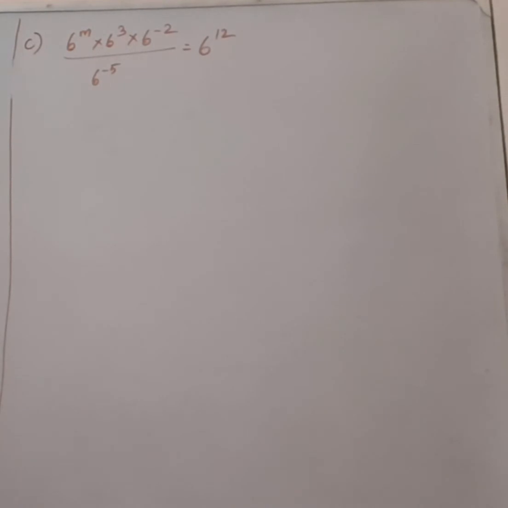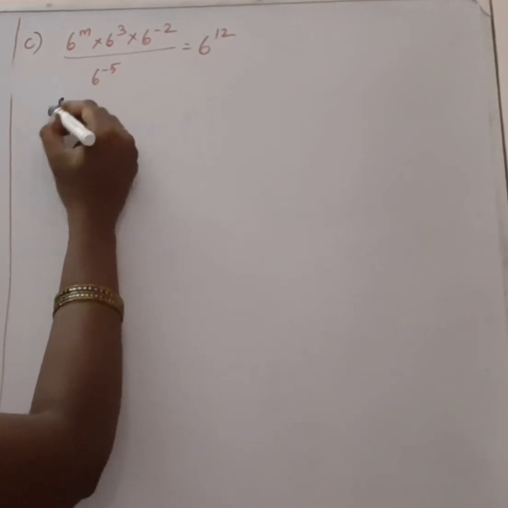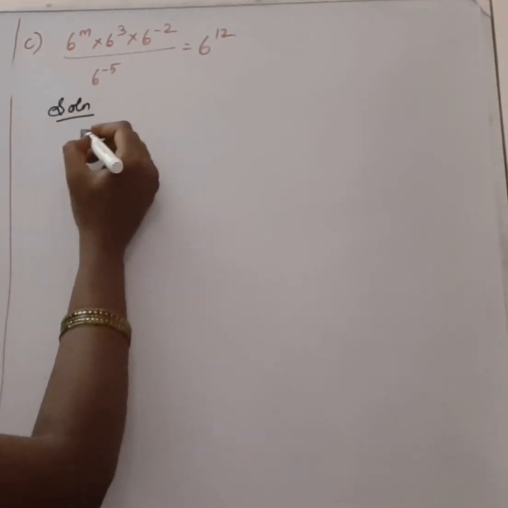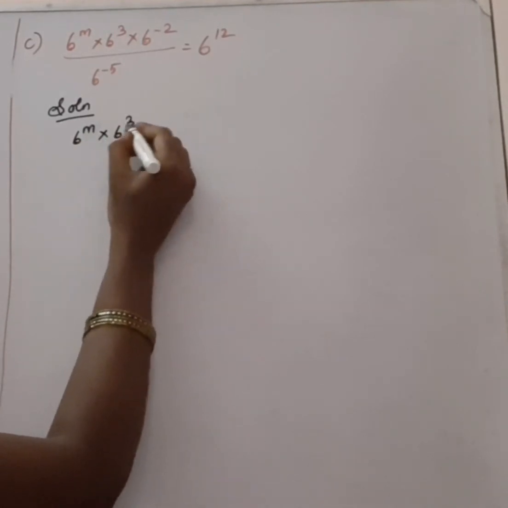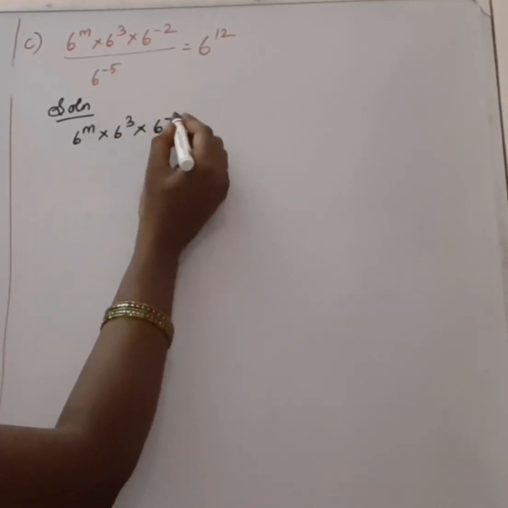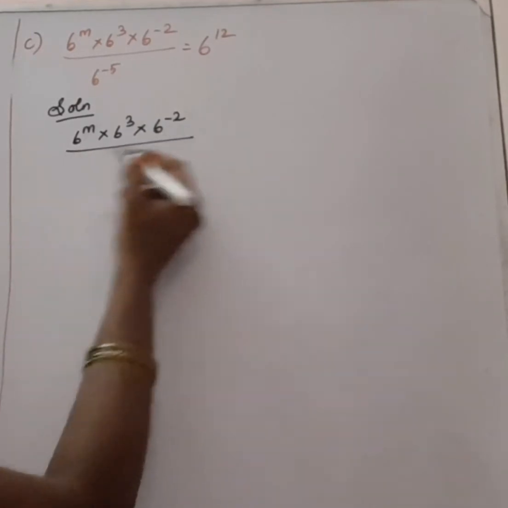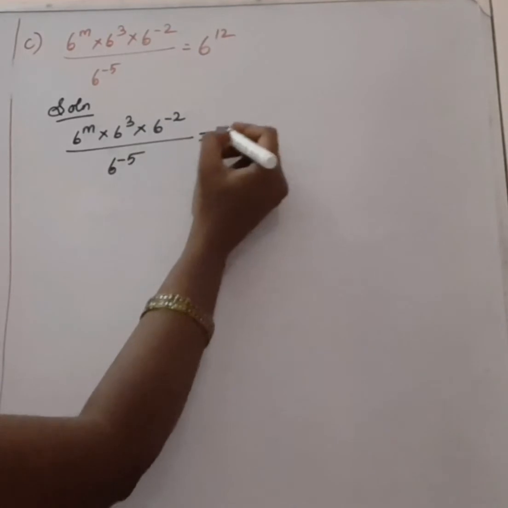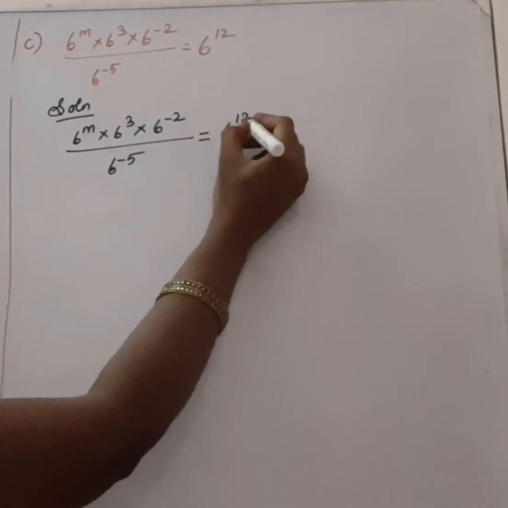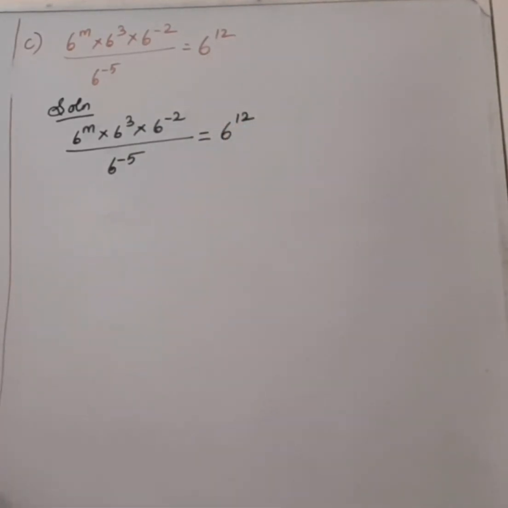So, what do we get if we add all the powers? Very good. We want to add the powers. So, let us see the sum. The sum is 6 power m into 6 power 3 into 6 power minus 2 divided by 6 power minus 5 equal to 6 power 12. Okay.